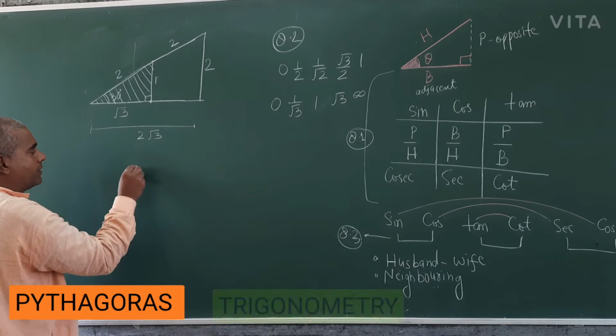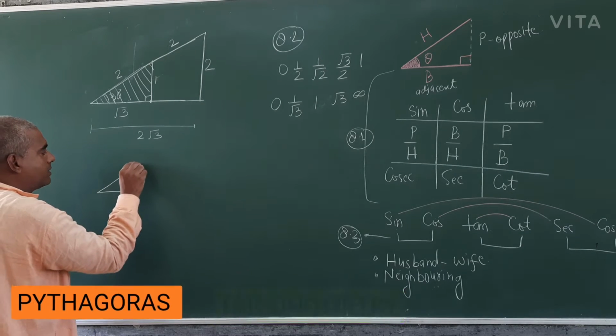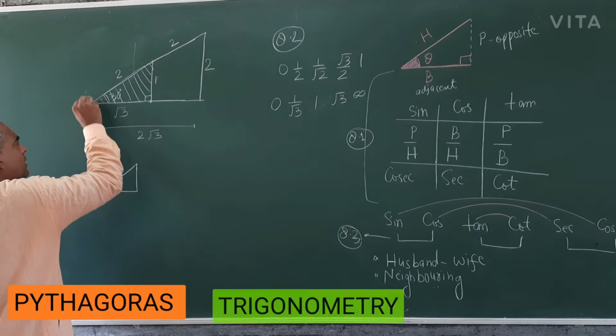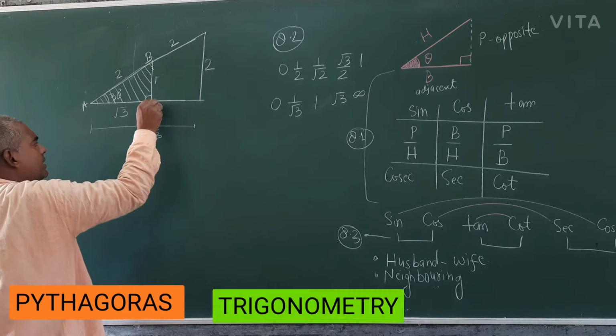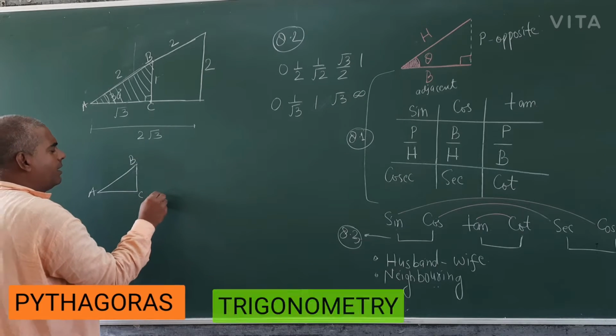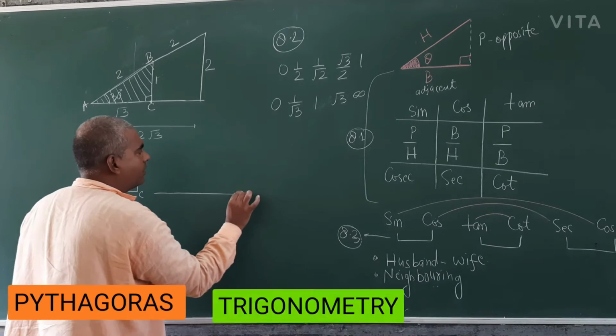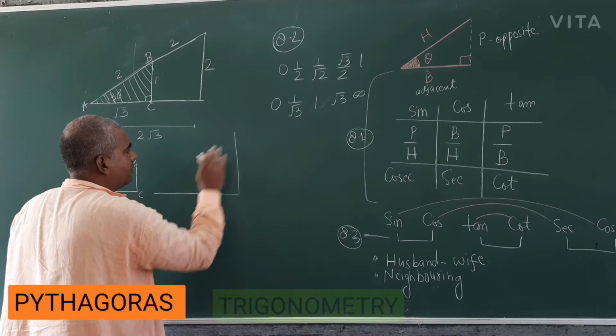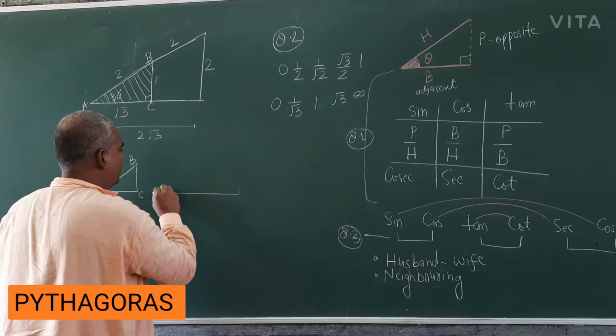Here are 2 triangles. The first triangle is like this. Suppose write it A, B and C. This is A, B and C, and the big one is somewhat big, similar to it. The question is similar.